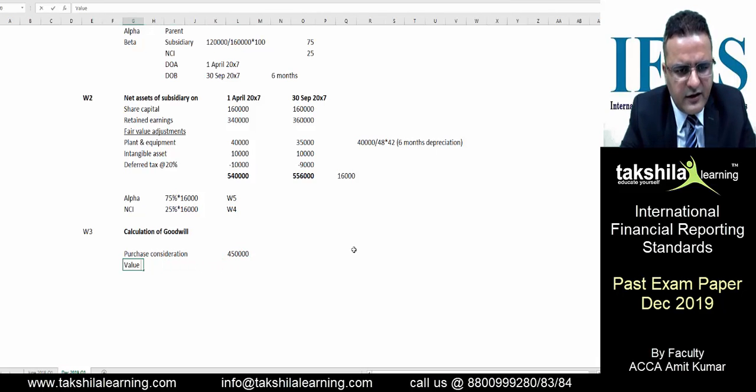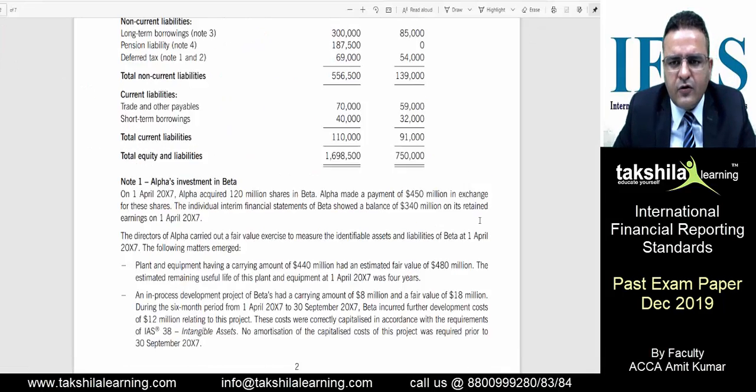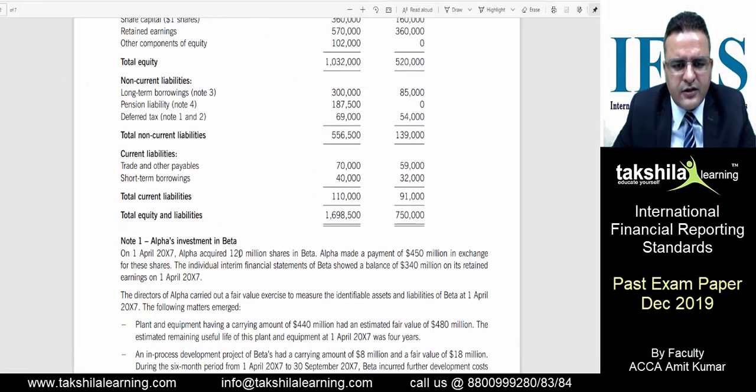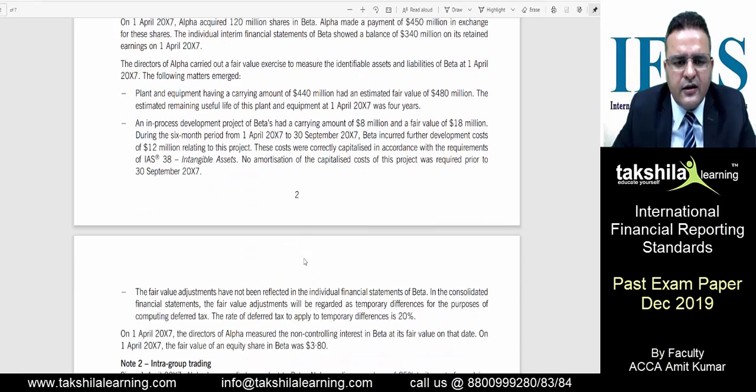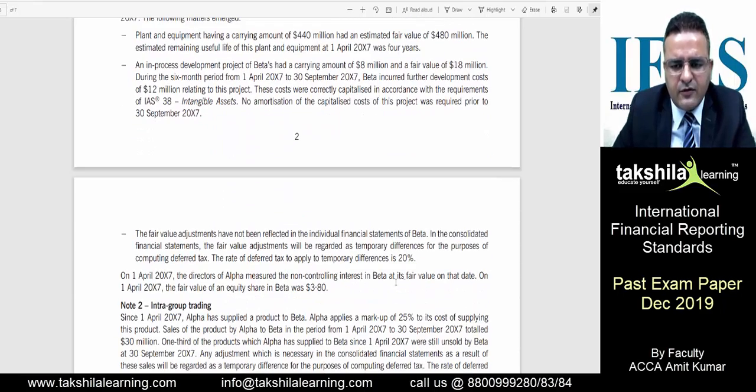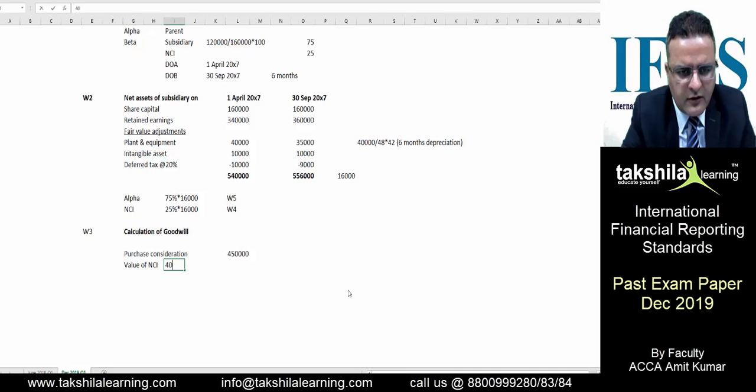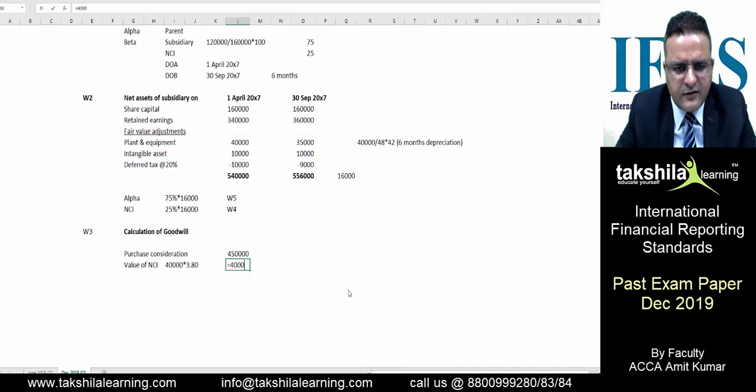We'll need value of NCI. NCI is out of 160,000 shares, 120,000 shares were acquired, 40,000 shares, and NCI is valued at fair value on 1st April 2007, 3.80. So 40,000 into 3.80 is the value of NCI.